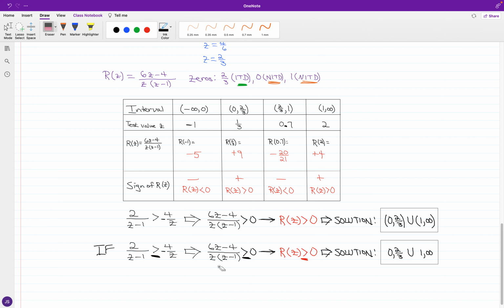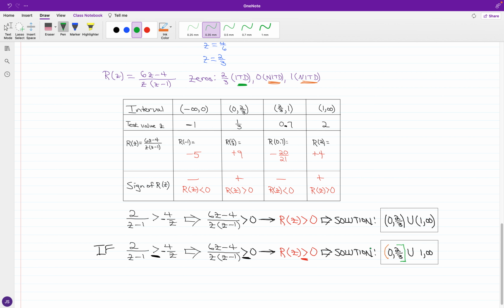And for the solution set, if I had greater than or equal to as opposed to just greater than, for 0 to 2/3, 0 is not in the domain, 2/3 is. So you have a parenthesis around 0, 2/3 being in the domain, so that would be in the bracket.